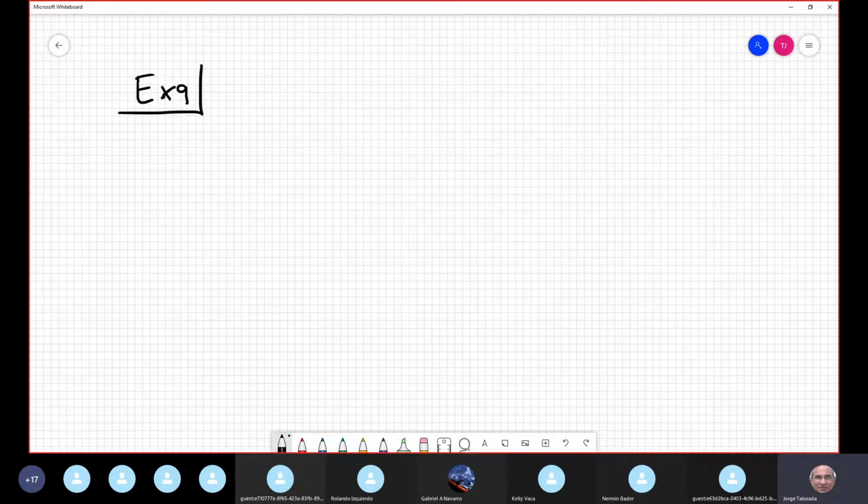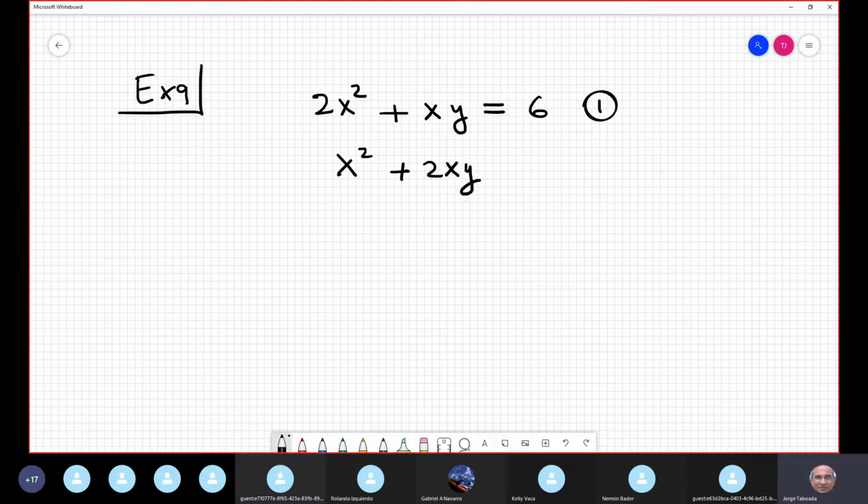The first equation is 2x squared plus xy equals 6. Equation 1. The second is x squared plus 2 times xy equals 0. Equation 2. Both equations are non-linear.